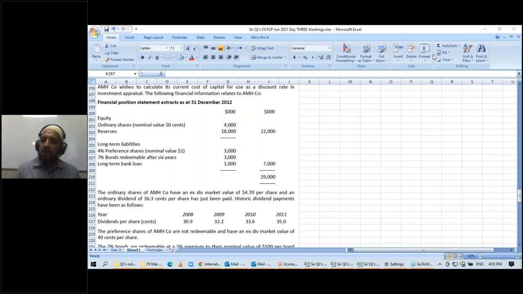And as I said, cost of debt is much lower than the cost of equity. Now why is it so? One of the reasons is that equity is riskier for the investors. If the investors invest into equity, they are taking a bigger risk. Ultimately, a bigger risk should attract a bigger return.